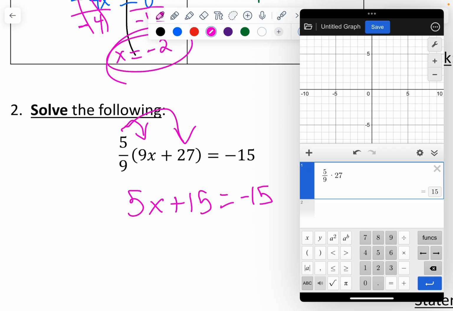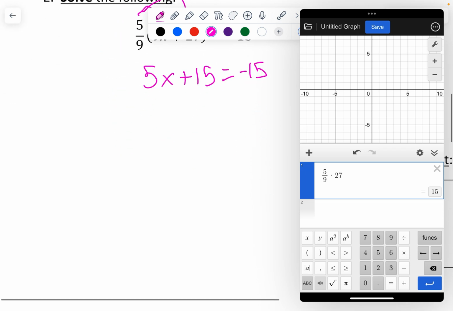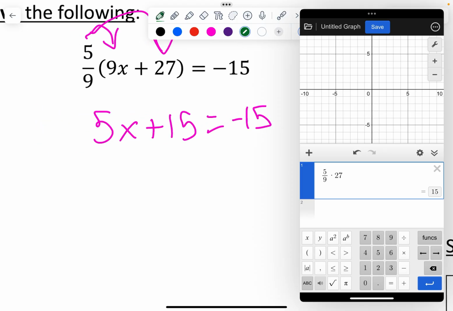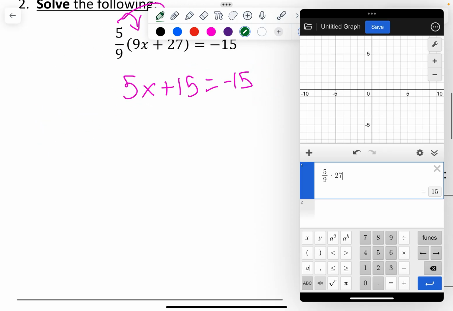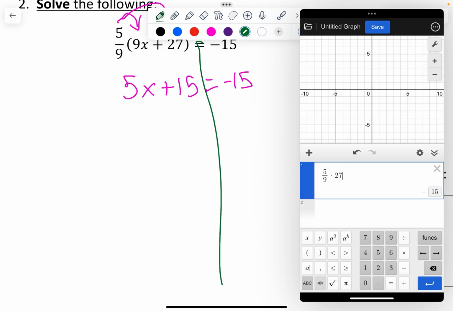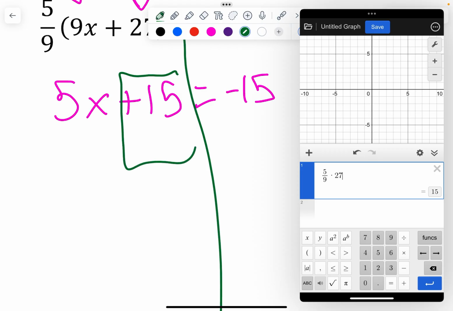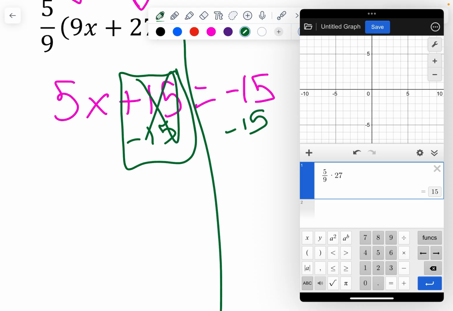Okay. Well, same routine. I can't combine the 5x and the 15, so we might as well do the inverse now. Get x by itself.